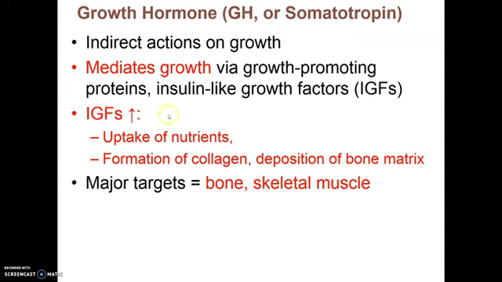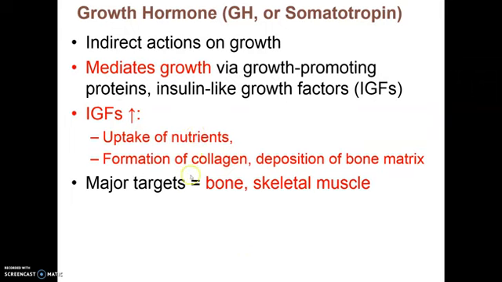Indirect actions: growth hormone mediates growth via growth promoting proteins, which are insulin-like growth factors. Working like insulin-like growth factors, it increases the uptake of nutrients by the cells.